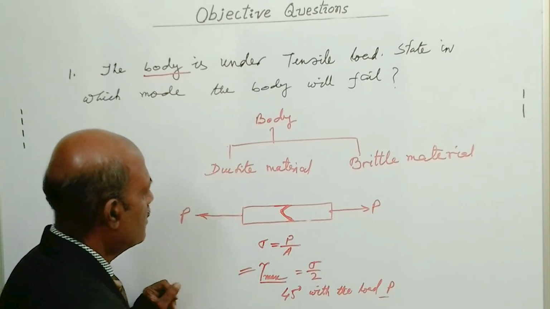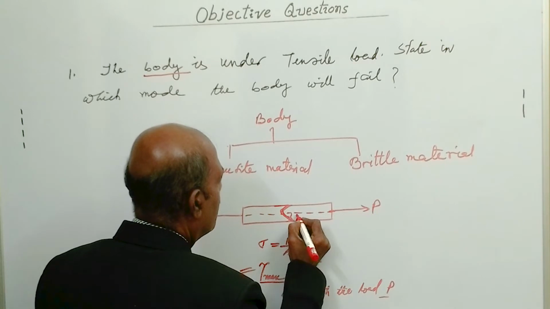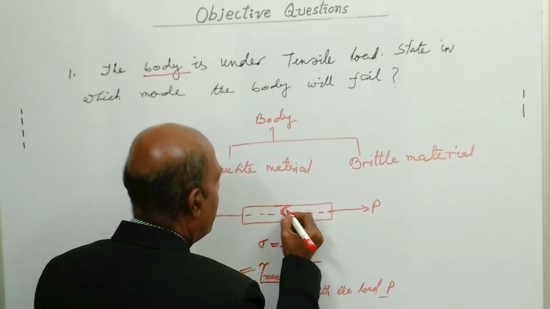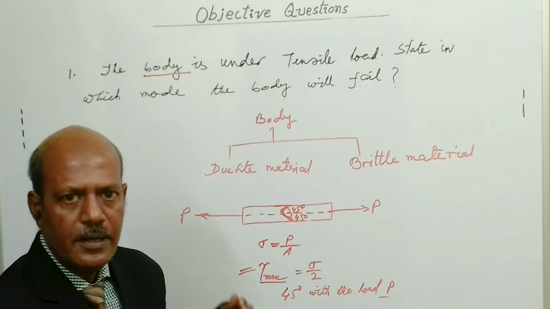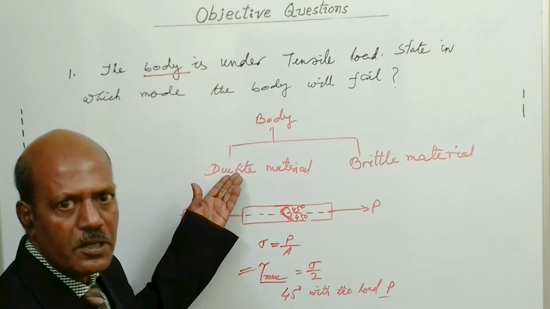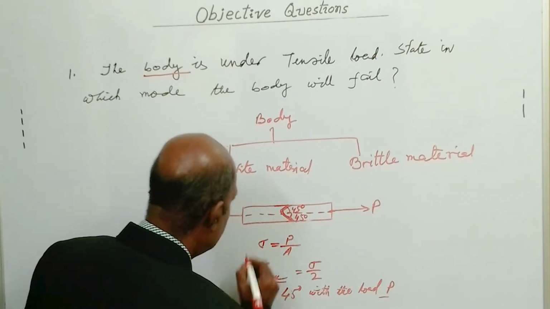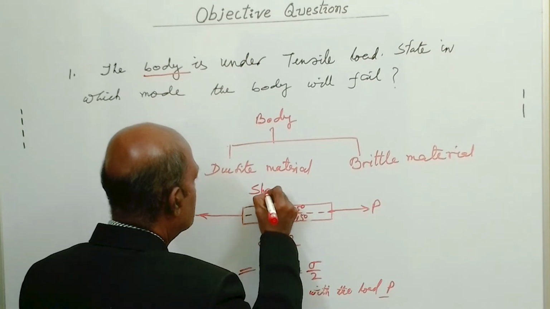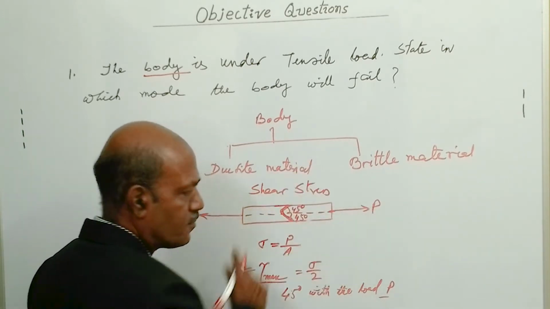And this is the axis of the load. With axis of load it is 45 degree and 45 degree. So if the body is made of ductile material, then the body will fail by shear mode. That means by shear stress the body will fail.